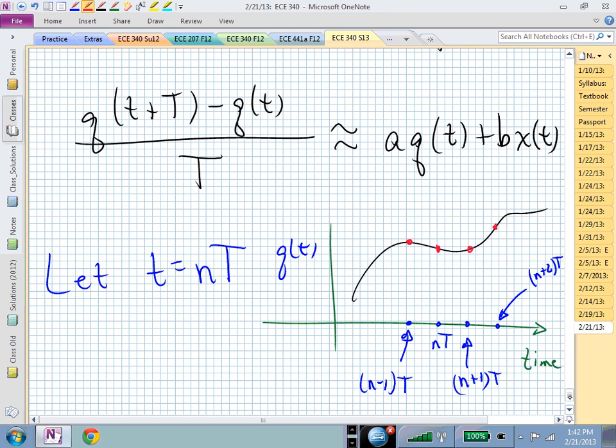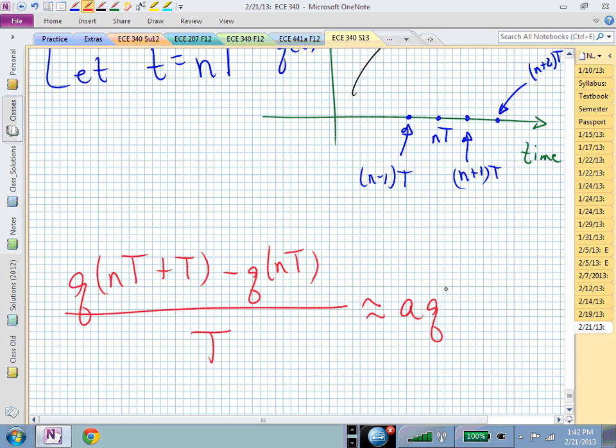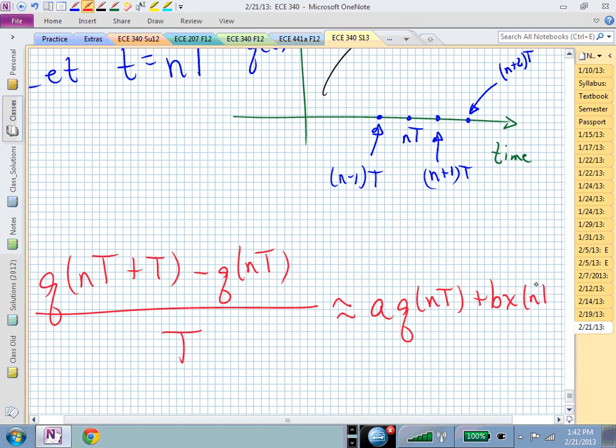If we replace little t with little n capital T, that approximation now says that we have q of little n cap T plus cap T minus q of little n cap T over cap T is approximately A q of nT plus B x of nT.